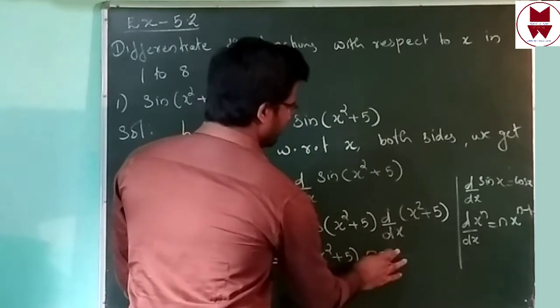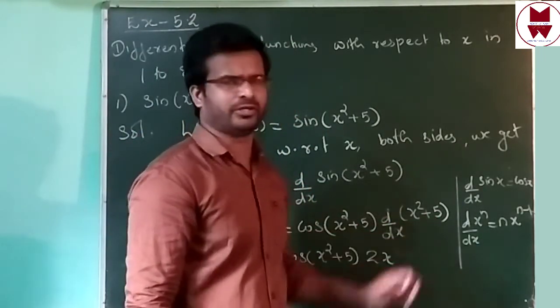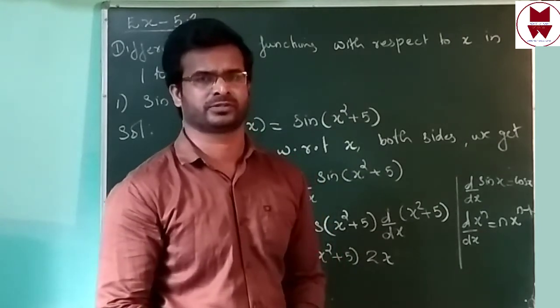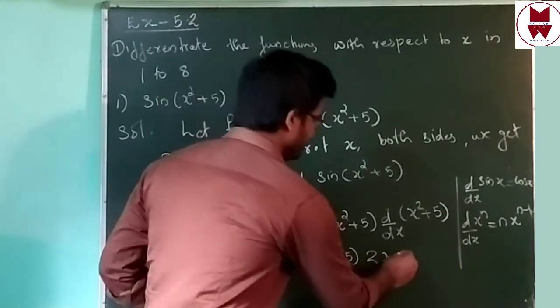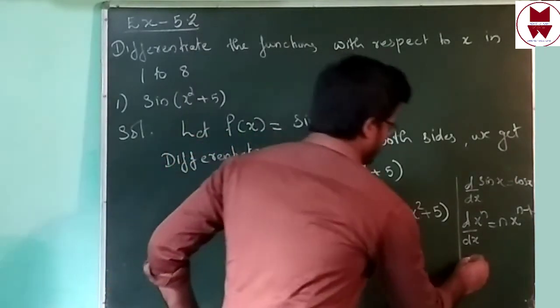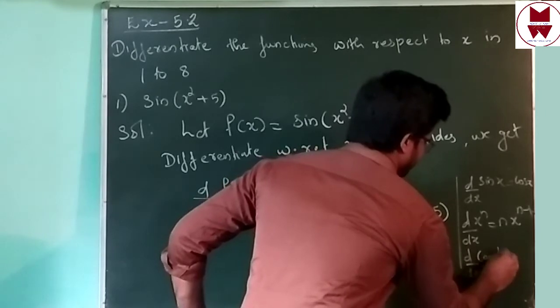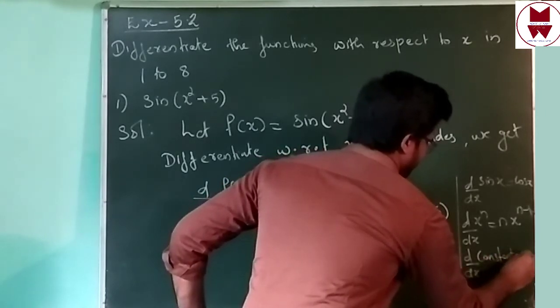That 1 no need to write. Then d by dx of 5. What will be d by dx of one constant number? That is 0. D by dx of a constant equals 0.